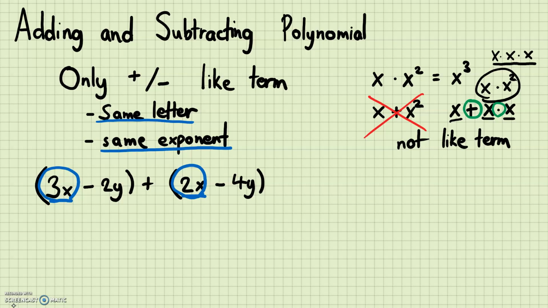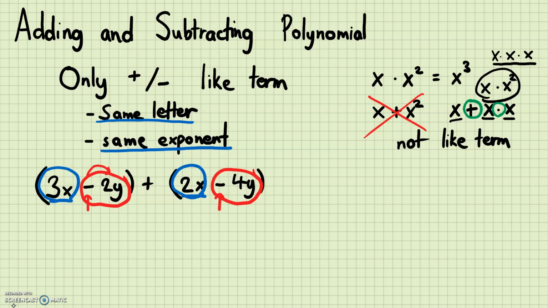Likewise, for the y term, by the way, if there is a negative sign anywhere, the negative sign always goes with the term that's after it. Okay, so this is one pair like this, and this is one set like this. So the negative sign always goes with the term that follows. So negative 2y and negative 4y, they also have the same term.